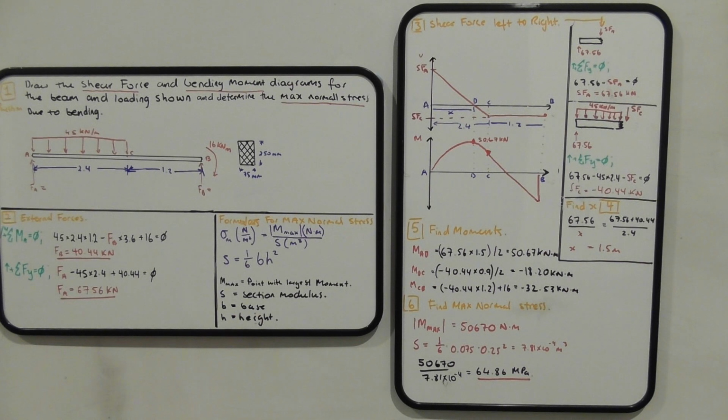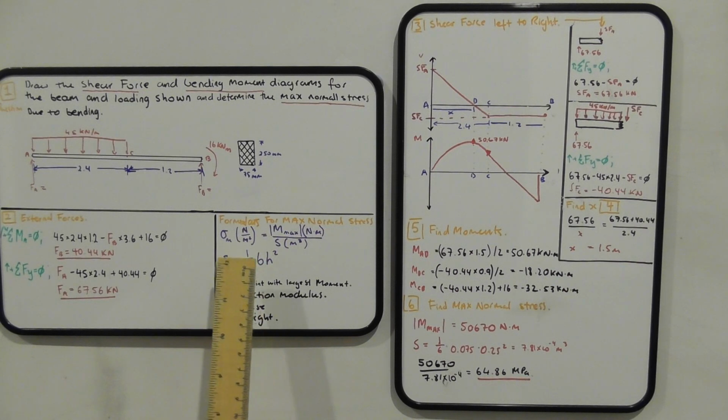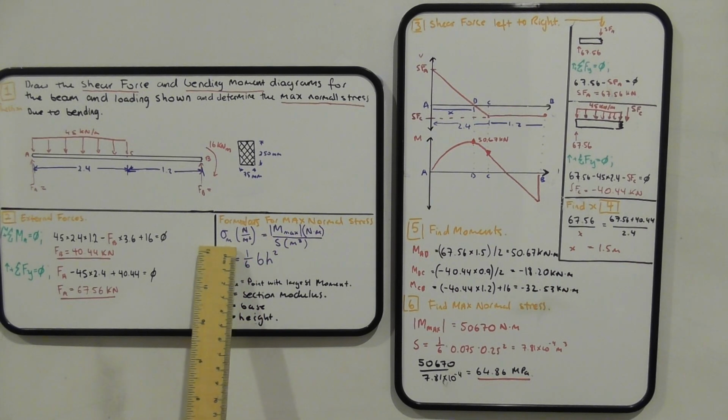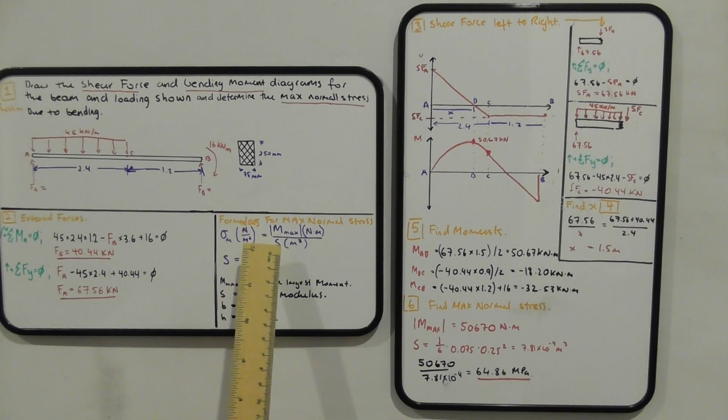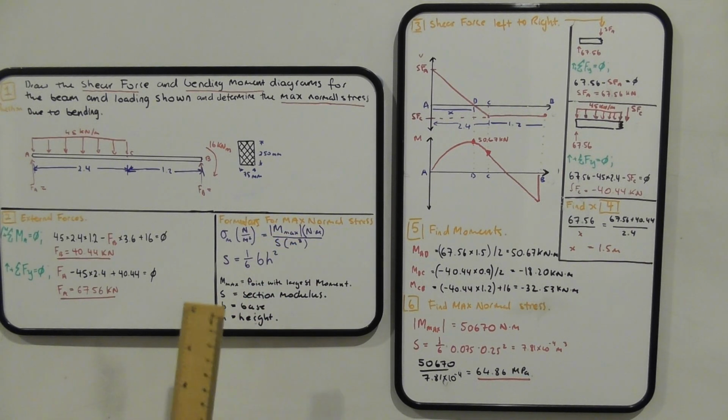Now, before we proceed, I would like to point out that for the last part of that question, the max normal stress formula, sigma m, equals moment max, which we will find once we have found our moments, over the section modulus S, which is calculated by 1/6 base times height squared.